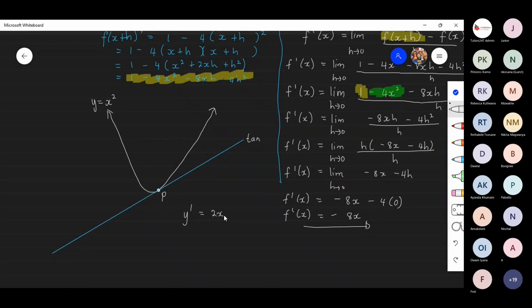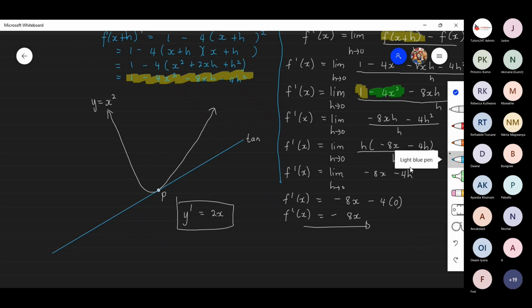But at that specific point P, if you substitute the x value, you will get the gradient at that specific point. What this derivative represents is the equation of the gradient at every single point. At each point, you are able to find the gradient using a derivative if you substitute the x value at that point.